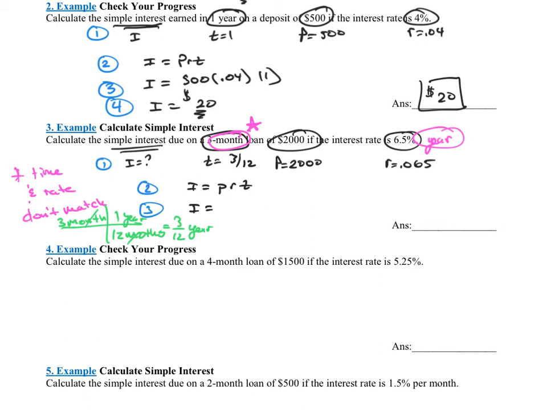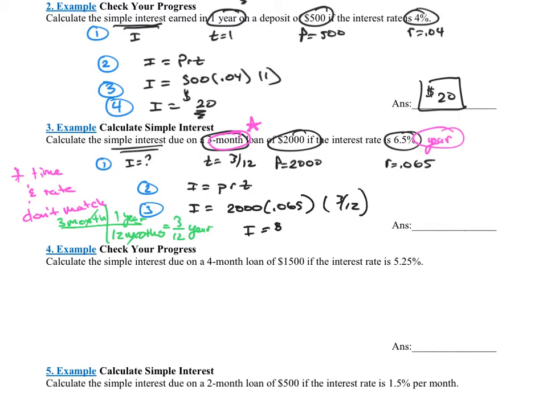I equals PRT, P is 2,000, R is 0.065, which is your annual interest rate. Time is 3/12ths, which is your length of time in years, right? Okay. Now plug that into your calculator and let's see what you get.